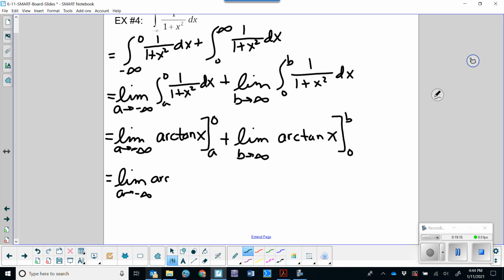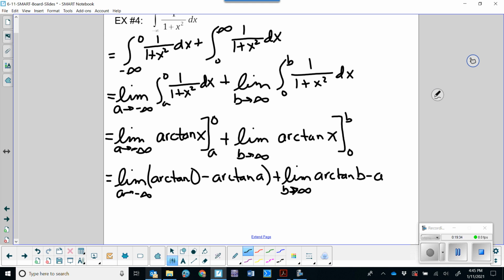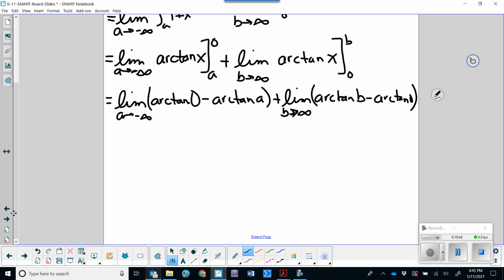So I'm going to have arctan of 0 minus arctan of a. That's the first limit. And then the second limit, b is going to infinity. And you're going to have arctan of b minus arctan of 0. Okay, don't forget you can pause anytime on a video. That's the nice thing about having notes this way.